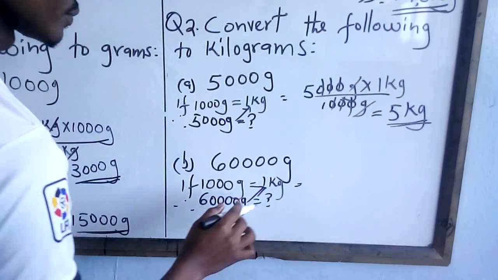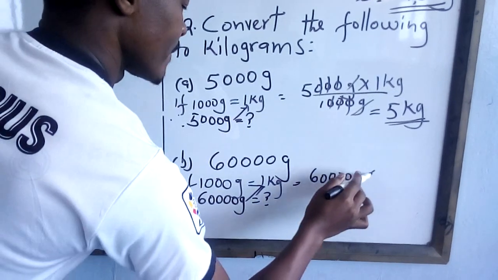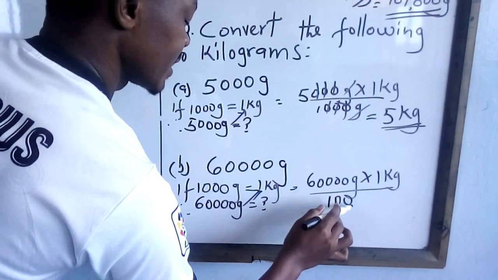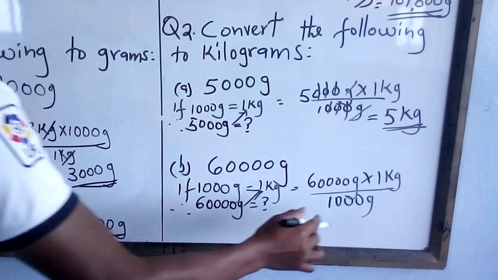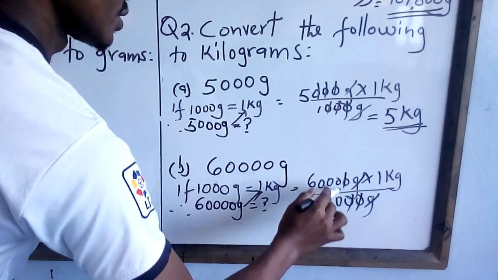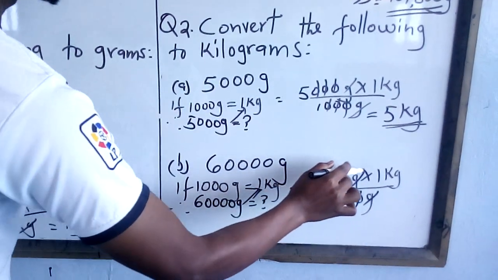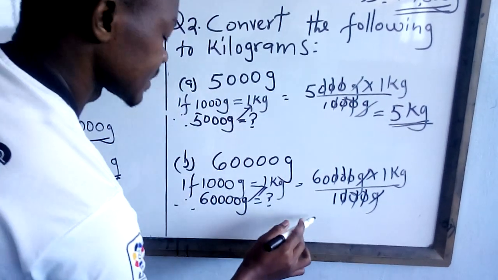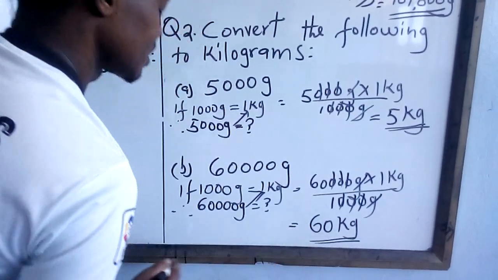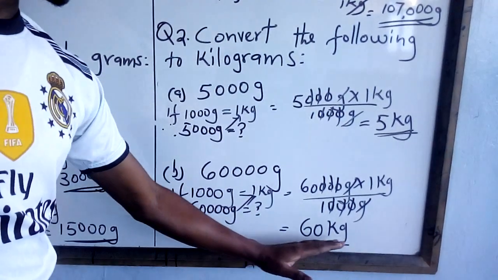This is going to be 60,000 grams multiplied by 1 kilogram divided by 1000 grams. So the grams will cancel. Then 0, 0, this 0 with this 0. Then we remain with 60 multiplied by 1 divided by 1, which is 60 kilograms. Therefore 60,000 grams converted to kilograms will be 60 kilograms.